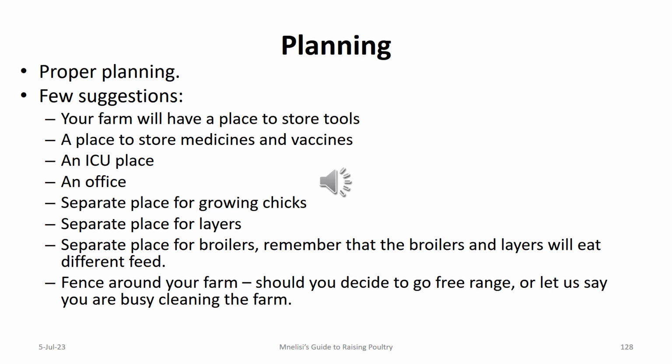Fence around your farm. Should you decide to go free range, or let's just say you are busy cleaning your farm, you want to take your chickens out. A good chicken house will protect your chickens from the sun, rain, wind, storm, cold, dust, animals, and also from the outside world.